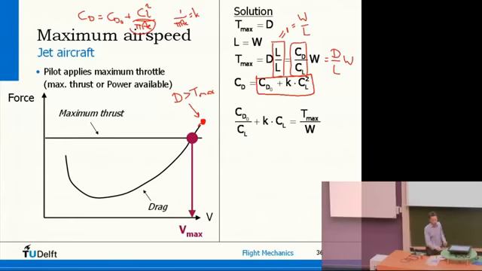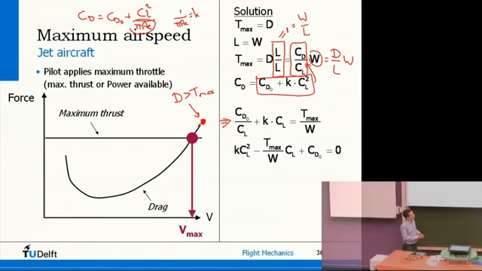So maximum thrust divided by weight is basically a function of lift coefficient. Because the other terms, they're constants.